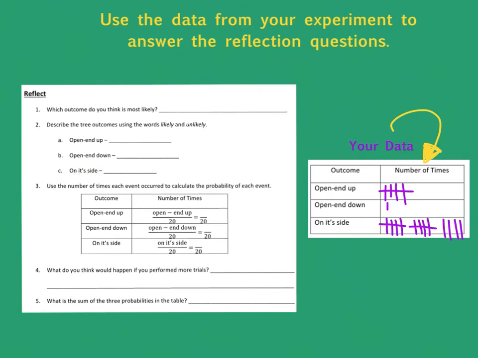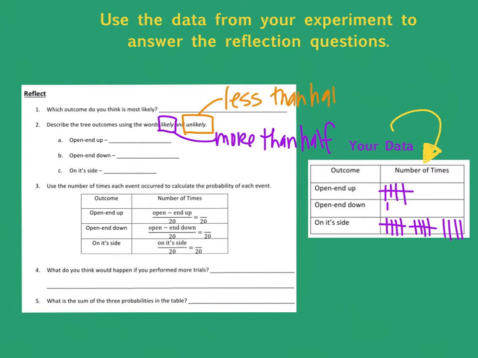If you have anything that is more than half of the time, you would use the word likely. If you have something that landed less than half the time, you would use the word unlikely to describe. So that's what you would put on these 3 lines right here by looking at your own numbers, okay?